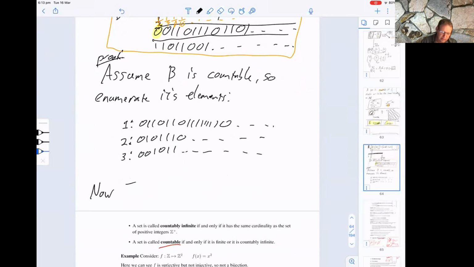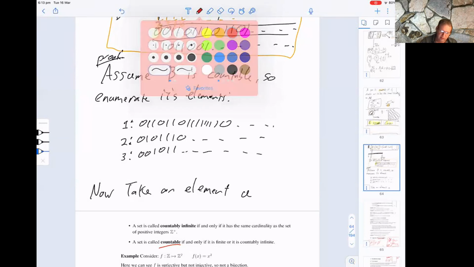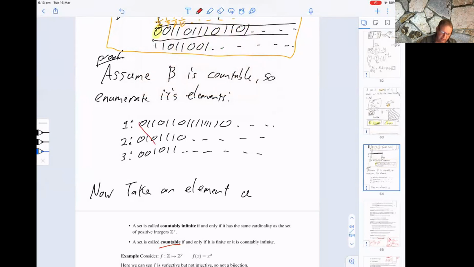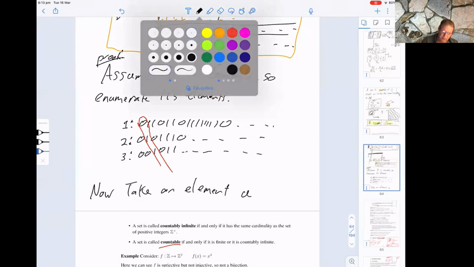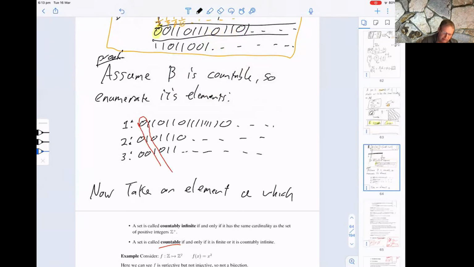Now, take an element U, which I'm just going to draw, looking at the diagonal here, which flips every bit in the diagonal.